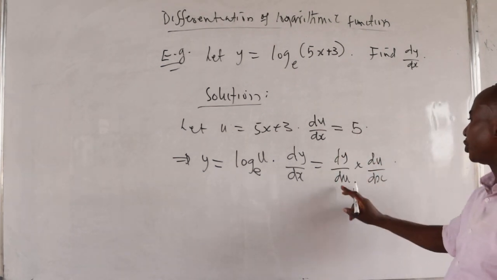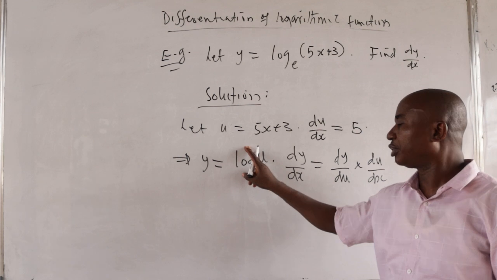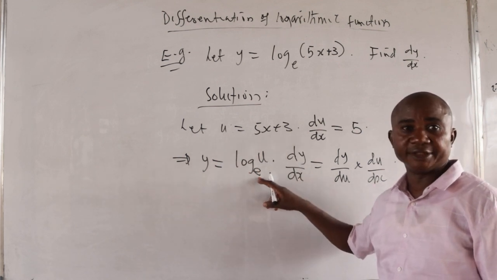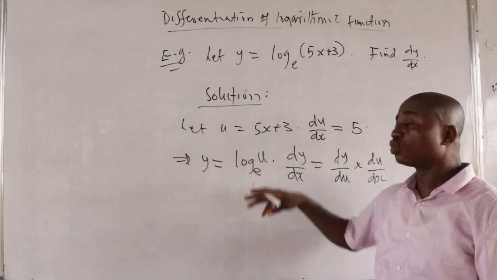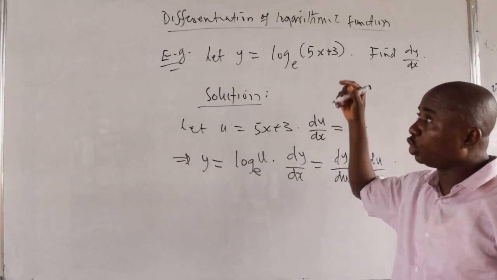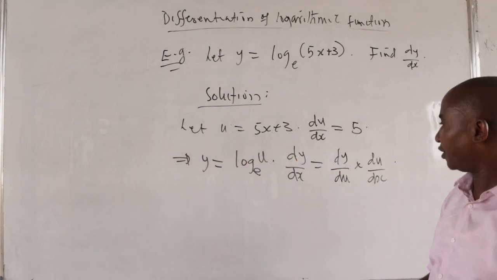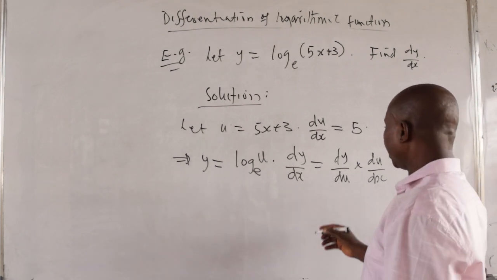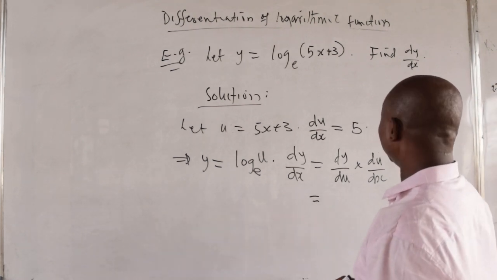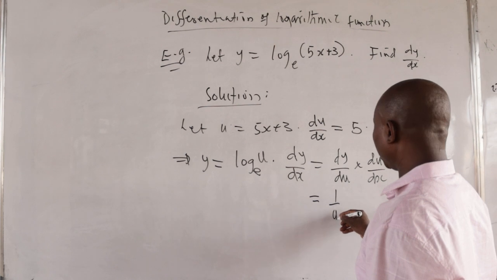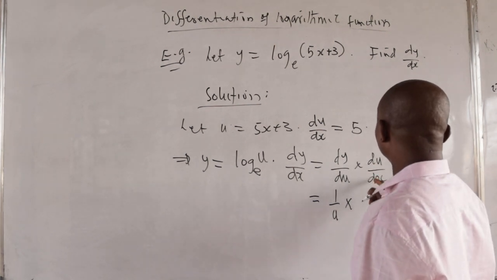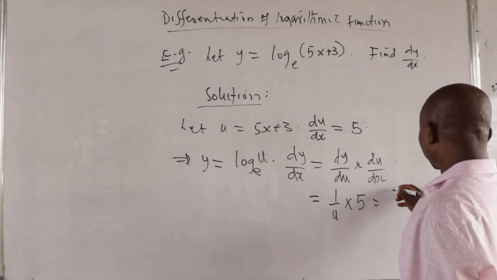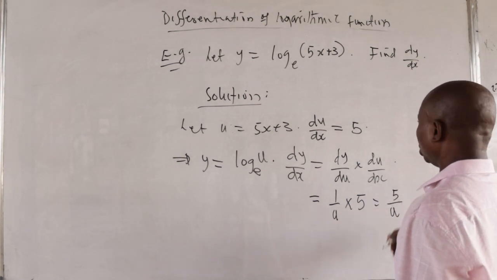To compute dy with respect to u is simply to compute the derivative of log u to base e, which is nothing but 1 over u, following what we did in this video. So what we have here is 1 over u multiplied by du by dx, which is 5. And this is nothing but 5 divided by u.